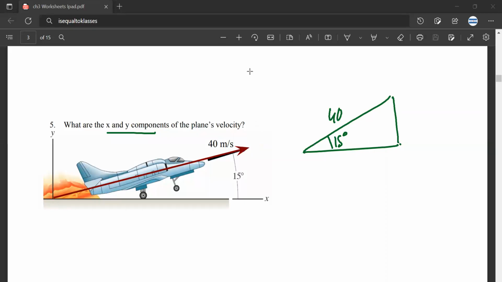Now this velocity component can be resolved into this as the x component and approximately this as the y component. Chris, is it making sense?